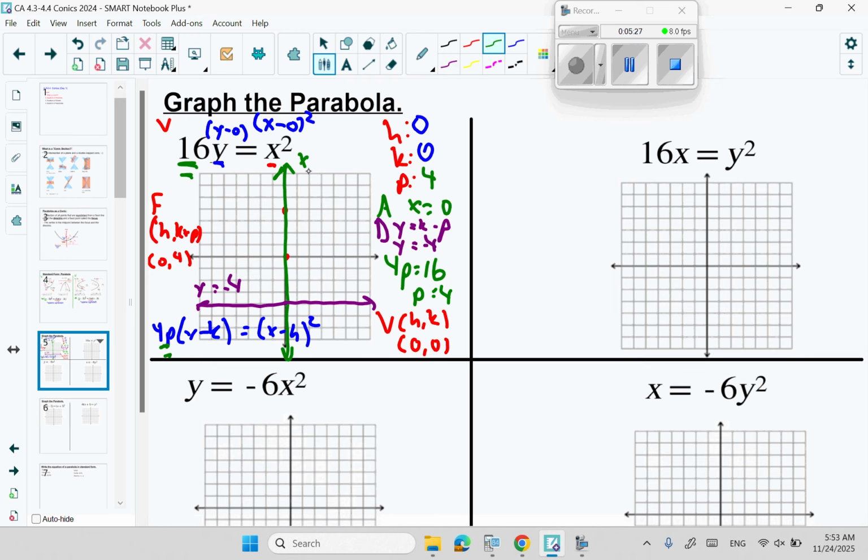We should label this y equals negative 4, or x equals 0. And lastly, my parabola starts at my vertex, opens towards my focus, away from my directrix, so something like that.